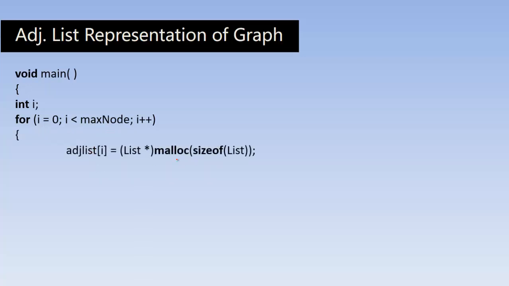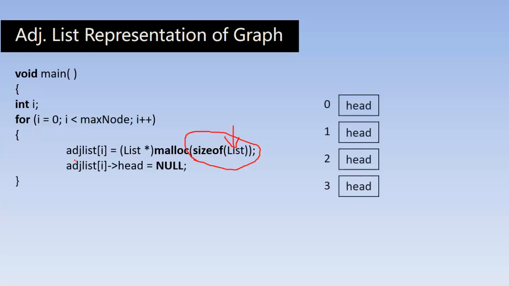Using the malloc function I'm going to create a node of the type list, and this allocates a block of memory required for one list structure, and the address of the created node is returned to adjacency list of i, that means adjacency list of 0. In the first block of the array I will get the address of the first head node, and I will store null there. So this is what each iteration creates.